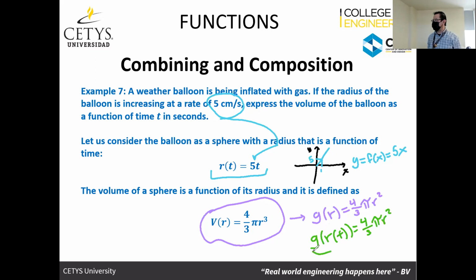And this function that we have here is actually g composition of f, meaning that I'm grabbing f in this case, which is r of t, and I'm putting it inside the new function.